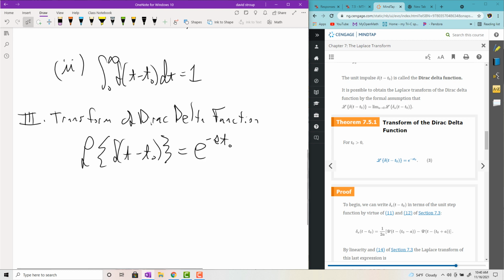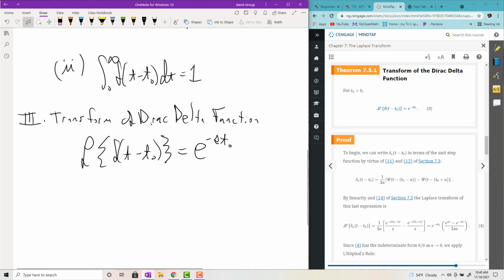Easy enough. We have so many other transforms to memorize that it's often easy to get them mixed up.